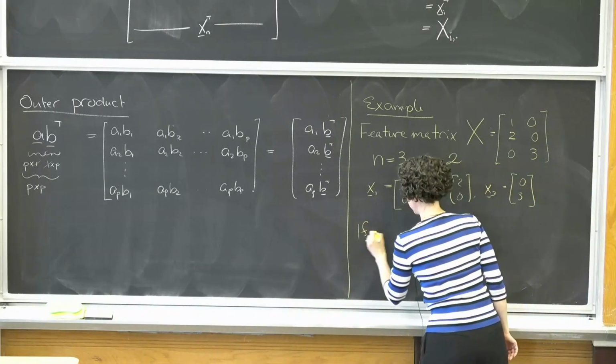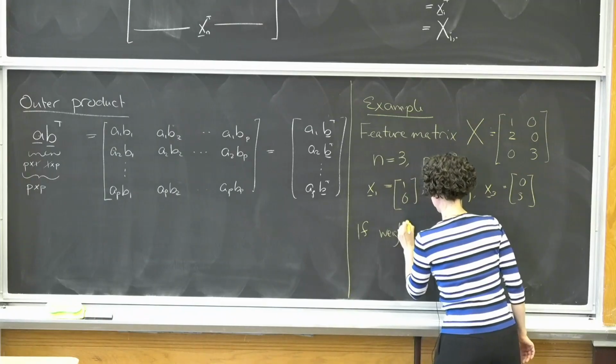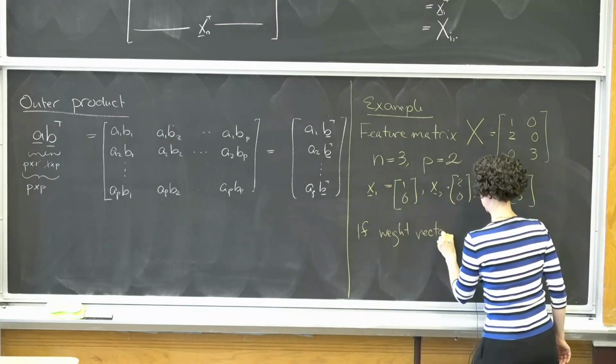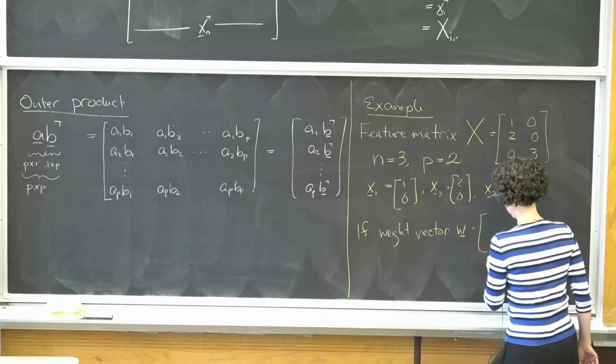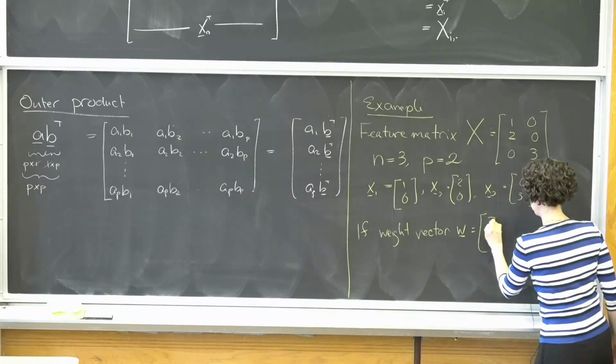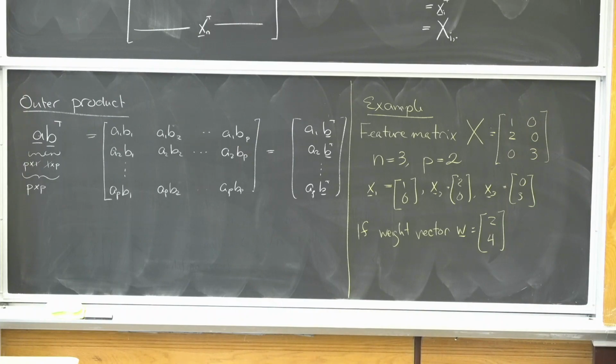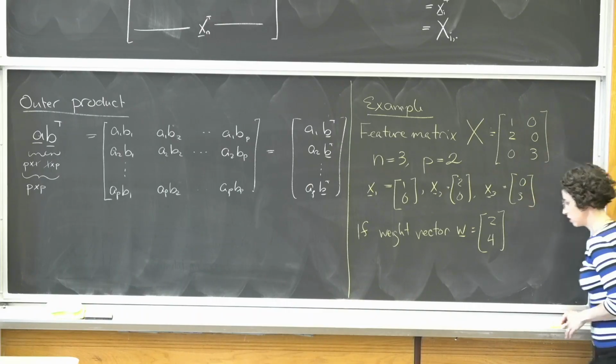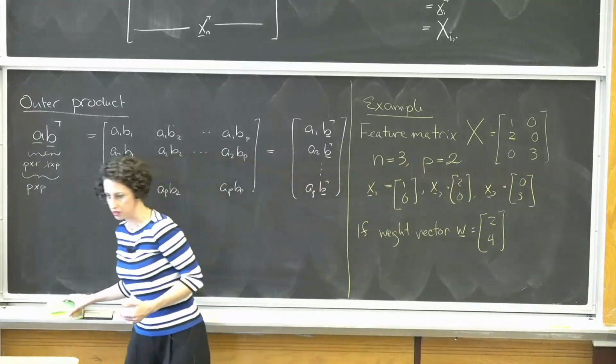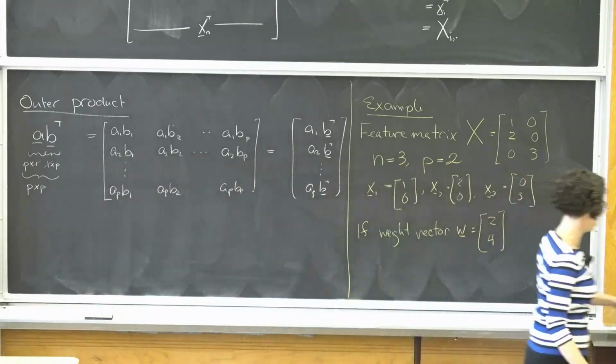Now, if the weight vector W had entries 2 and 4, then we can ask what would be the predicted labels associated with these features and these weights. And to get that, we are going to do matrix vector multiplication.